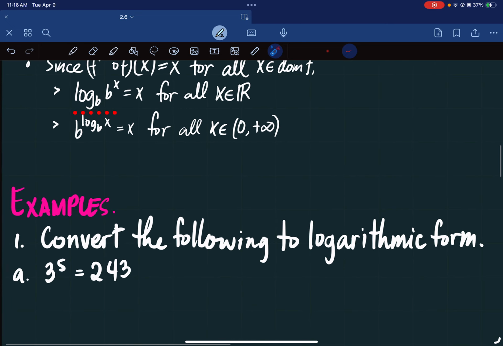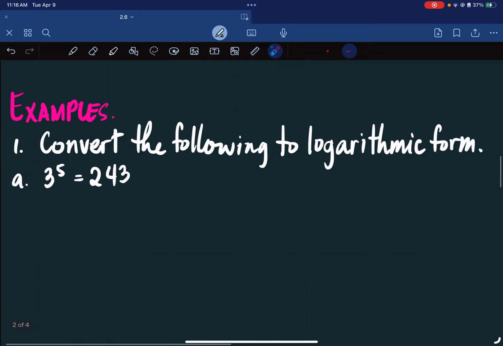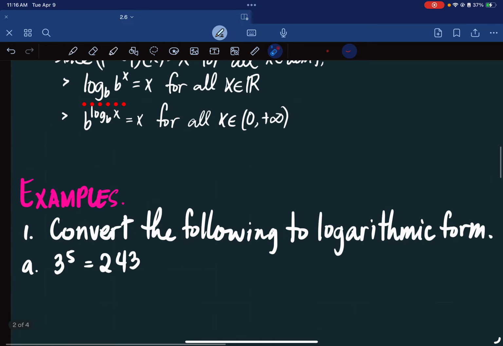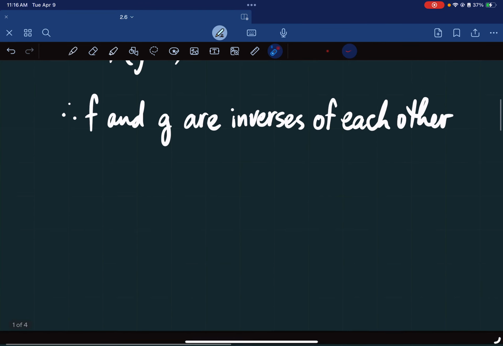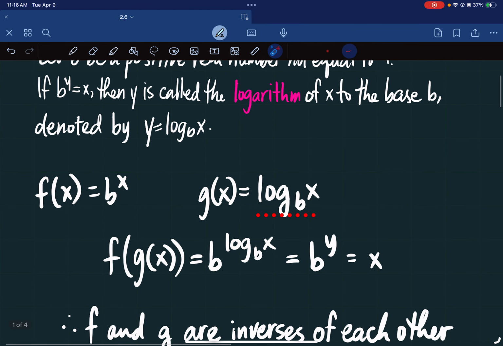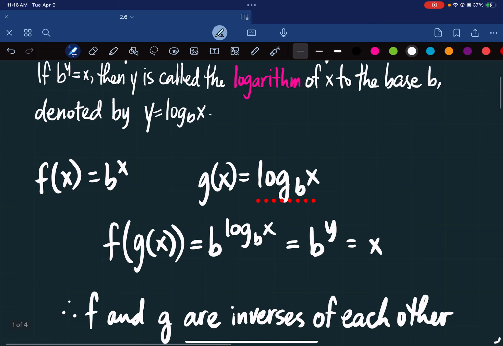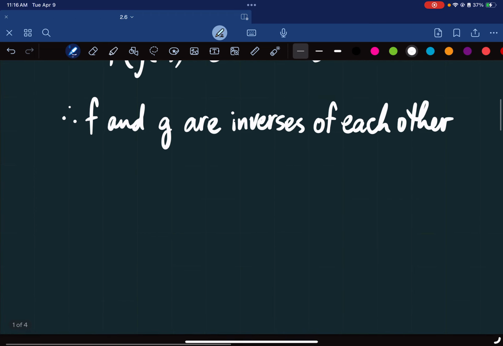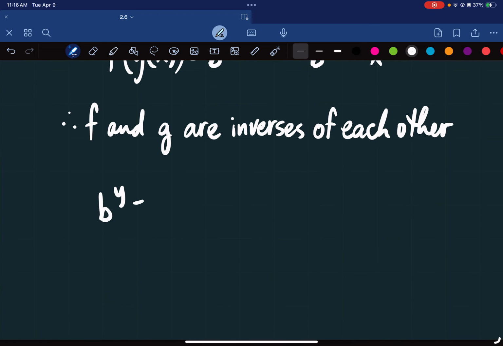First one, we want to convert these exponential equations into logarithmic form. So how do we do that? Recall that we have b raised to y equals x, which we said is equivalent to log of x base b equals y.